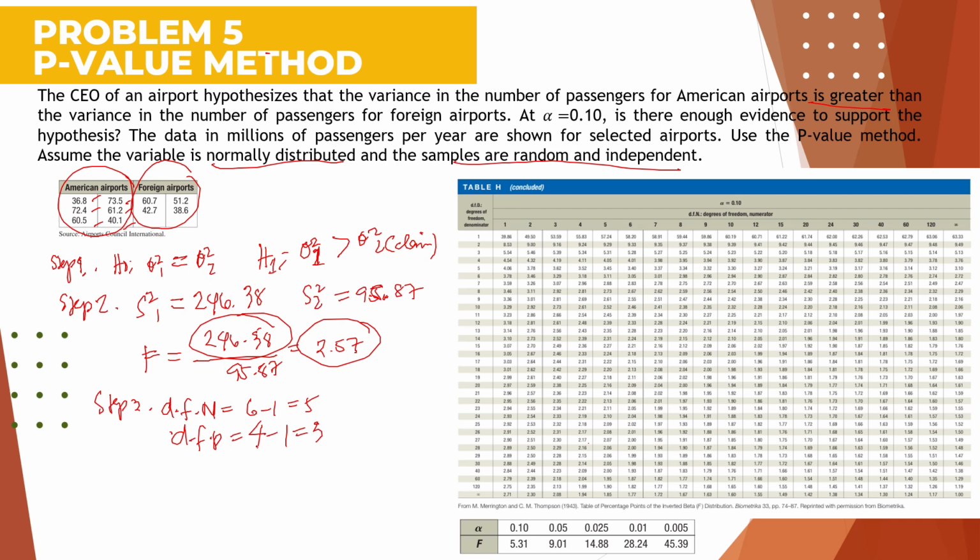After which, we have to locate the variance. So we have here 5 and 3. 5 and 3 is 5.31.